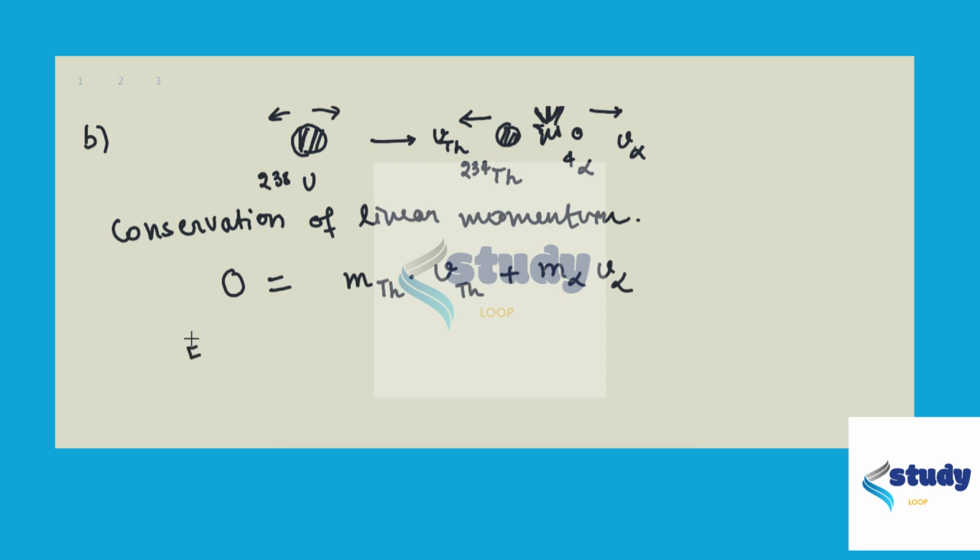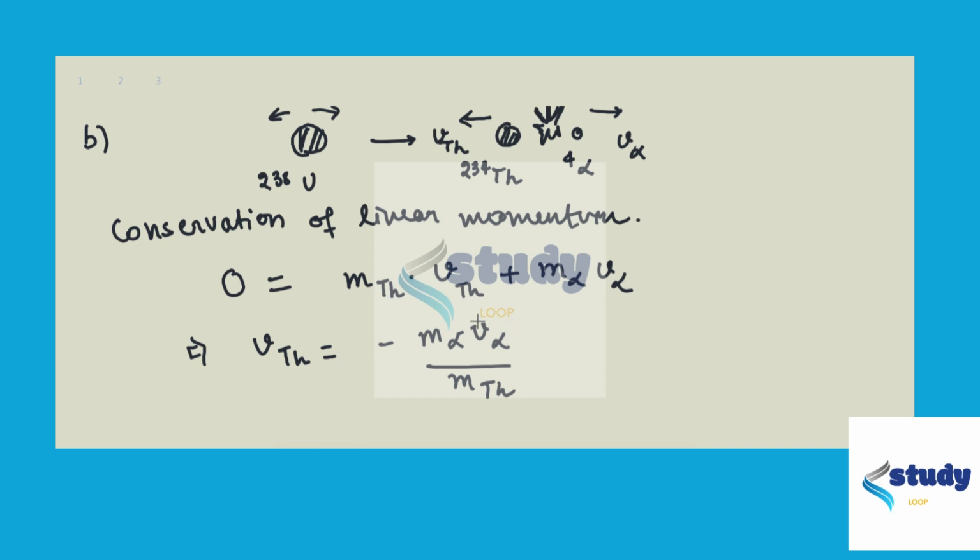We need to find V thorium, which equals minus m alpha V alpha over m thorium if you just rearrange this. Let's keep this here.